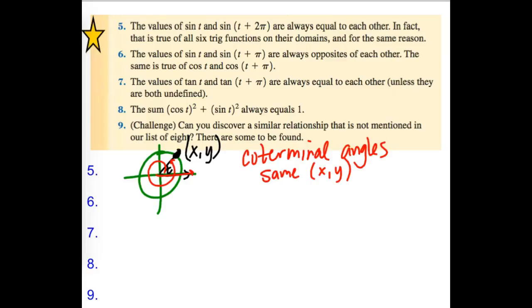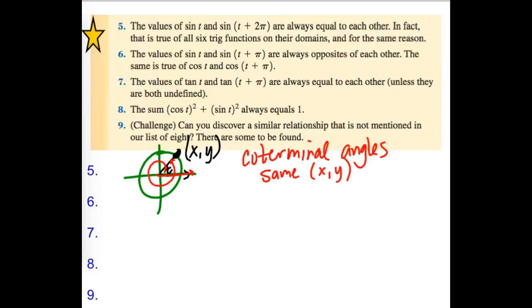All right? Question 6. The value for the sine of t and the sine of t plus pi will always be opposites. It says this is true of cosine as well. So think about that. Where would you land if you go angle t? We can use the same one I already have drawn here. But where would I land if I do t plus pi? That's half of a rotation. So I'm going to land in the diagonal quadrant.